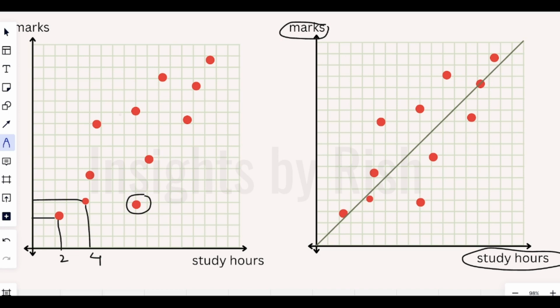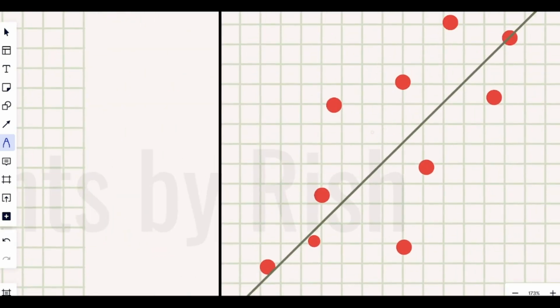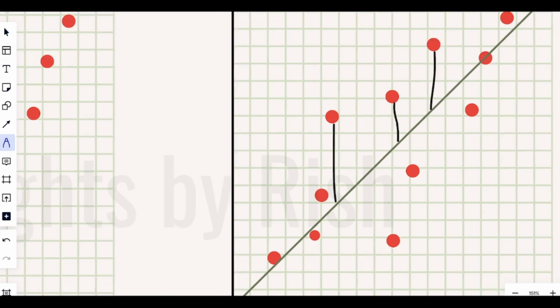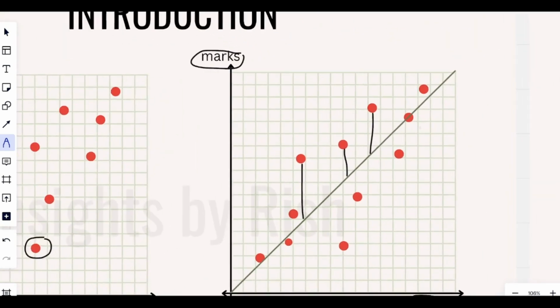Of course, we don't have perfect data, so this line cannot pass through all the data points. What we have to do is draw such a line that will have minimum distance from all these points. This distance from this point to this line should be minimum, and this applies to all the data points.